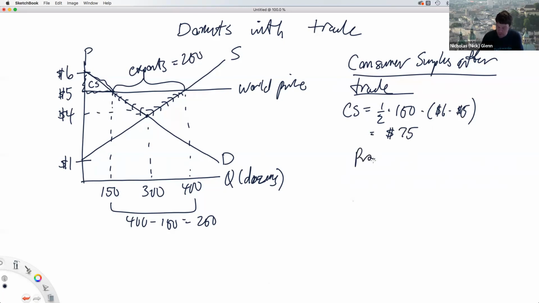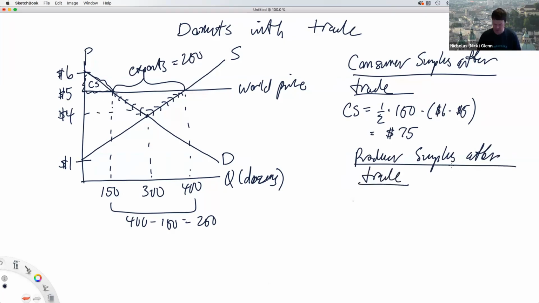What about the producer surplus after trade? All right. Here, these producers, these suppliers, they're benefiting from this higher price now. So they're supplying more. They're supplying from 0 to 400. So the base here is going to be 400.